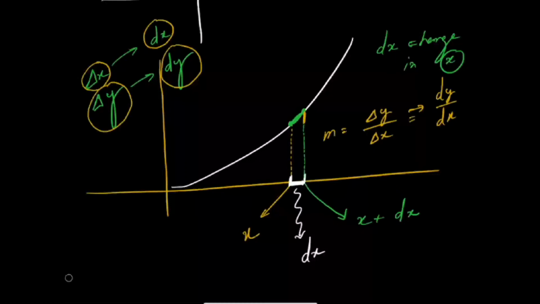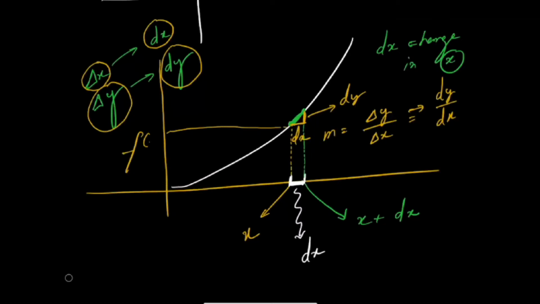So this is dy and this is dx. If this point is x, this point will be f of x, and this point will be f of x plus dx. Correct? Do you agree? F of x corresponds to x, and f of x plus dx corresponds to x plus dx.